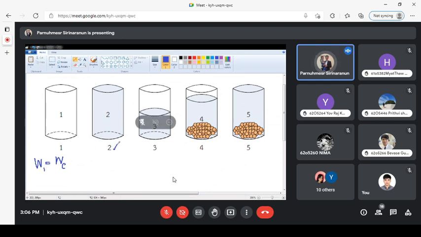This is state 2. This container is filled with full water. Okay, full water, because you know the level.